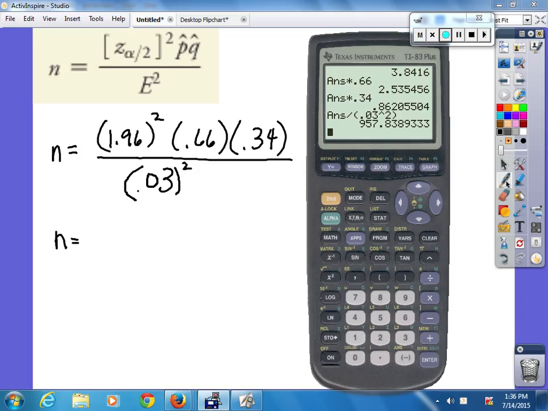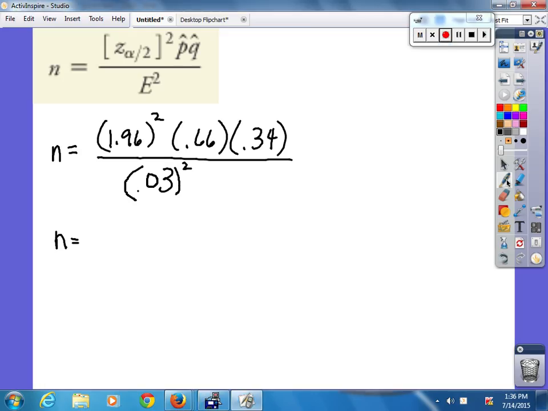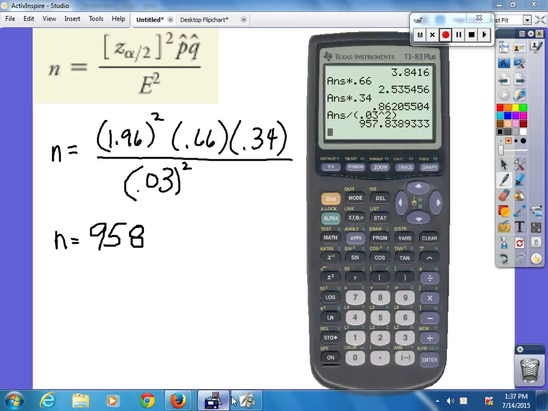No, I'm going to put 958. Now, if it tells me to round to the nearest thousand, then I'd do that. I'm transposing numbers up here. 958. Now, why did I say 958? Because the rule that we just read out said that if you get a decimal, it doesn't say how big a decimal, it just says a decimal.